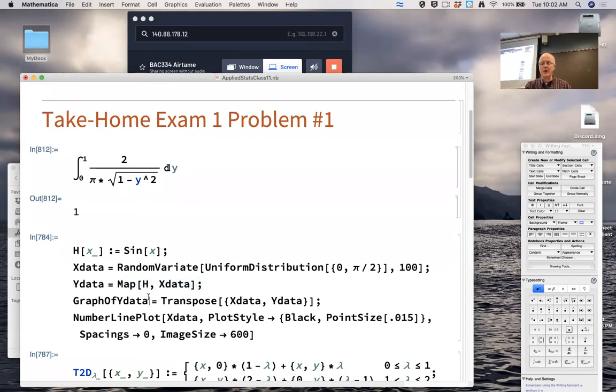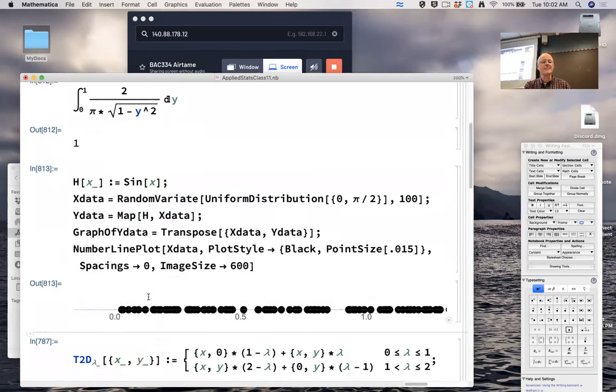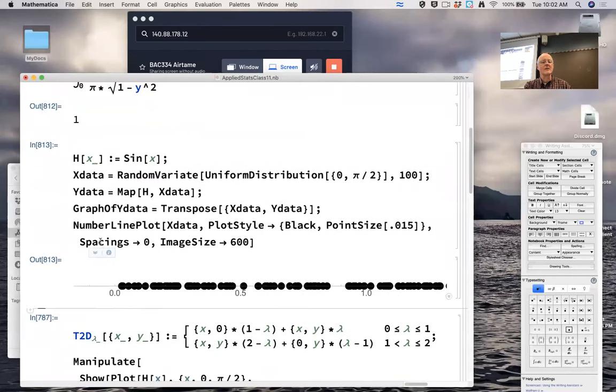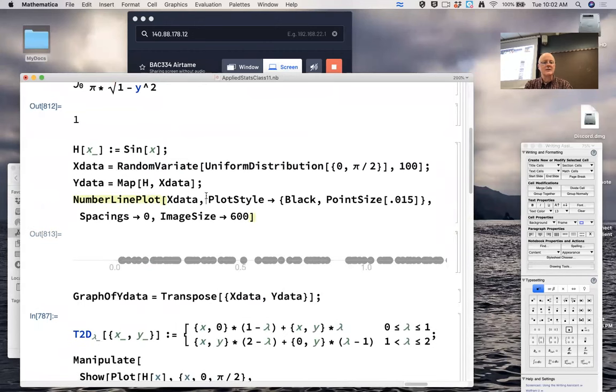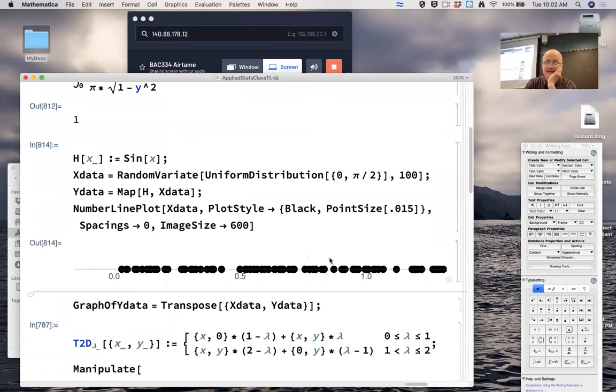I add a little bit more in here just to see. Ignore this at the moment. Just to see a graph of the x data. Fairly uniform. What about the y data?